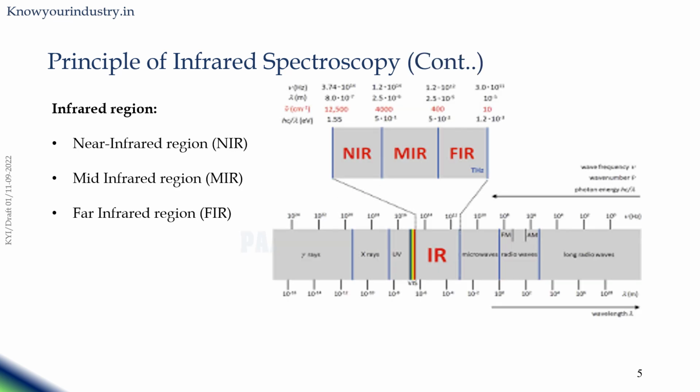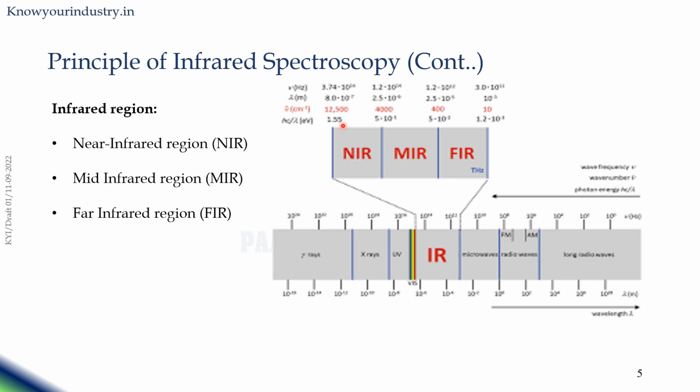The classification of infrared spectroscopy regions is schematically presented here. The near infrared region is coming around here, from 12,500 to 4,000 cm⁻¹ wave number.